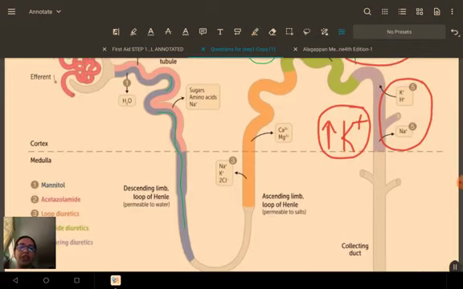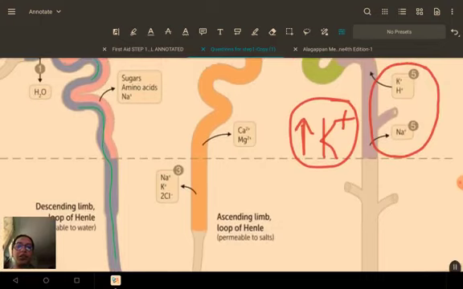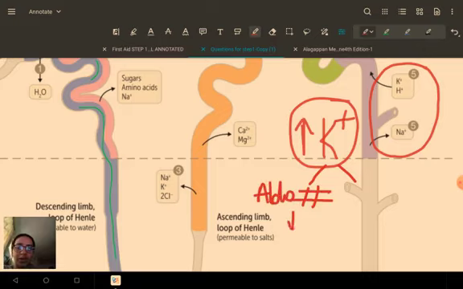So when we talk about potassium sparing diuretics, we need to know that there are two types of drugs. One of them are the aldosterone inhibitors, like spironolactone.